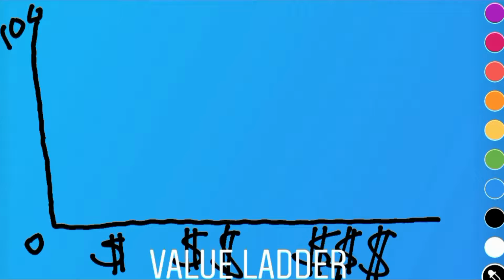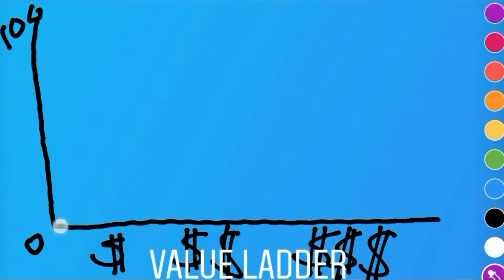Okay, so on the y-axis, the 0 to 100, that is your customer base and how many people are interested in what you are offering. And on the x-axis, that's the dollar amount for each service you offer and the price points. And of course, the more dollar signs means the more expensive, and 0 means free. So let me just draw 2 lines here.